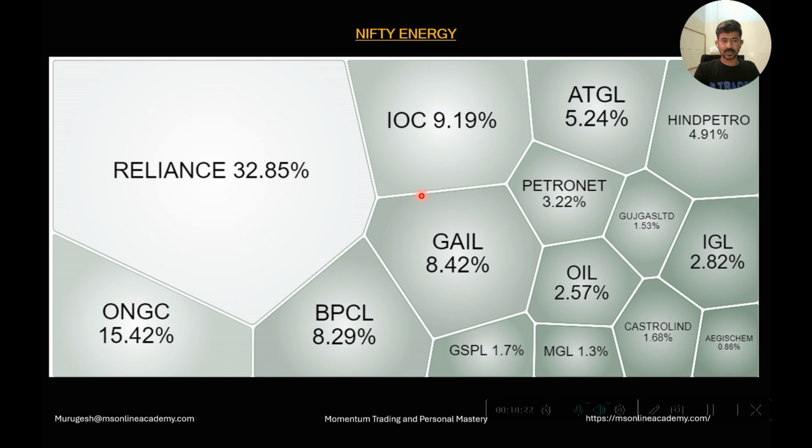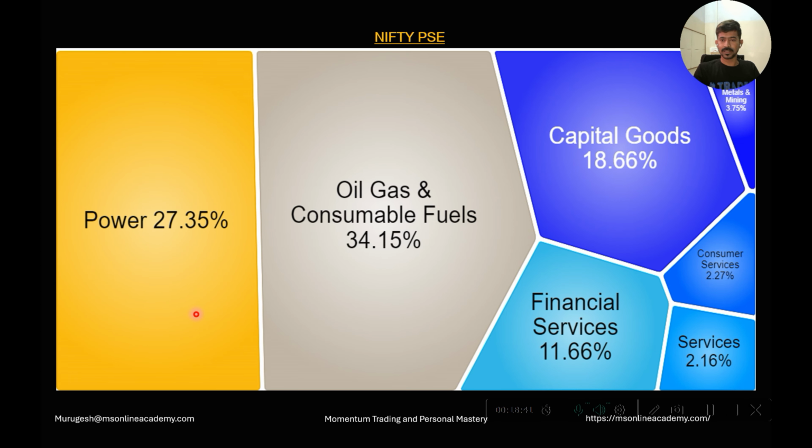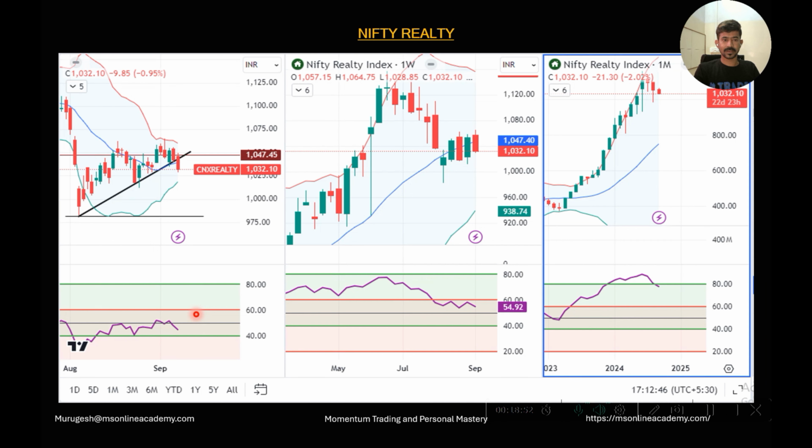Reliance and ONGC are one of our cup breakout stocks. Nifty PSU is similar: it could take 60 support in weekly and 40 support in daily. These are the stocks from Nifty PSU. NTPC, Coal India, ONGC, PFC, REC.